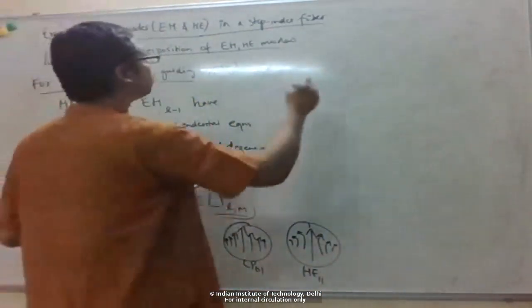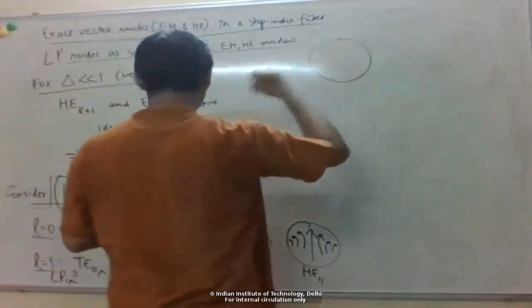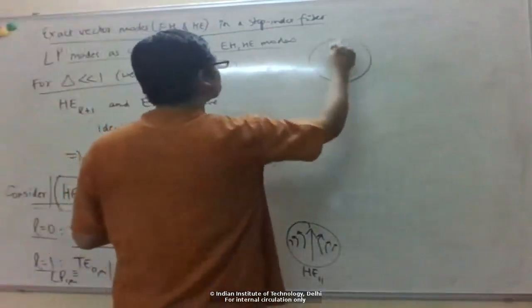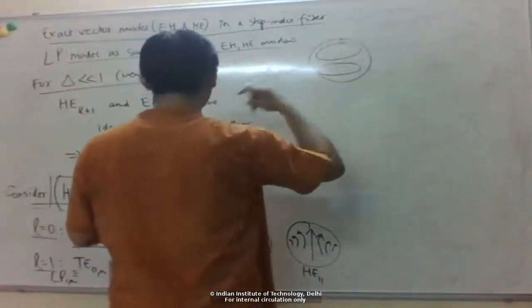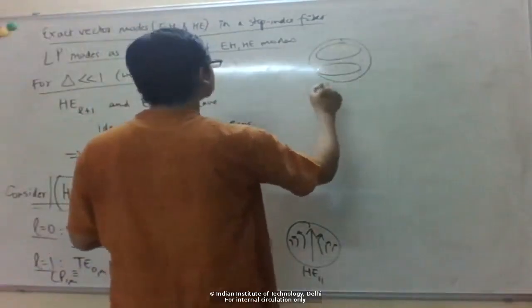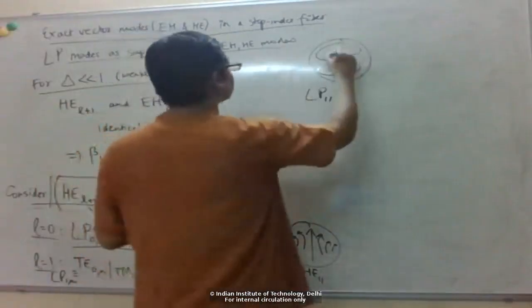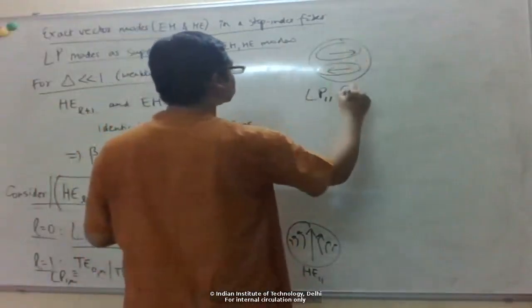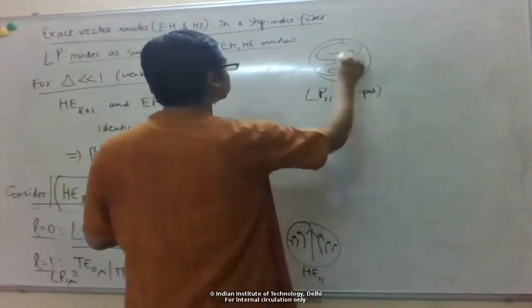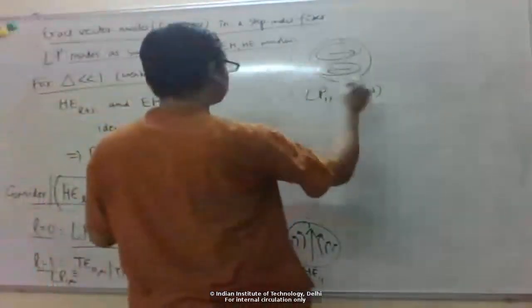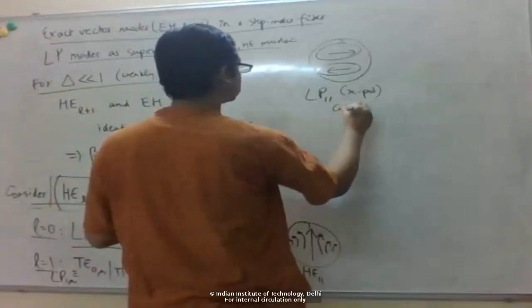So if I look at the LP11, recall it looks something like this, right? So LP11. If I take, for example, X polarized mode, so electric field points in the X direction, there are two lobes. So this is the cosine phi, right?